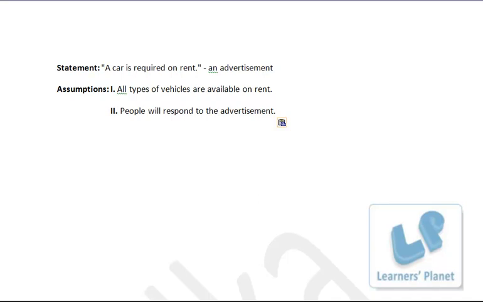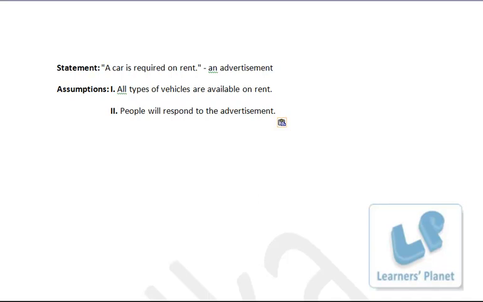Then, people will respond to the advertisement. Now what is the motive of giving an advertisement? Why do we give an advertisement? It is in anticipation that people will surely respond to it. That is the only meaning of giving an advertisement. Through advertisement you showcase your product, your services, you mention your requirements.